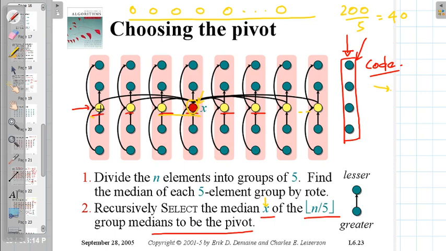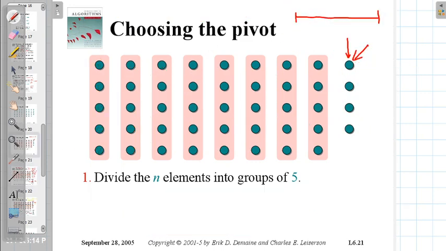So this is the way we find the median of medians, and this x is the pivot element. This x will be used as the pivot element, and around that pivot element we have to go back.